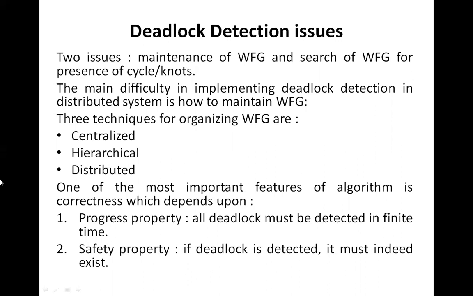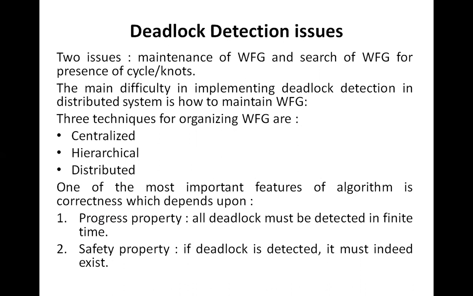But before going to explain these techniques, the correct deadlock detection algorithm must satisfy two conditions. The first condition is the progress property. The progress property says that there are no undetected deadlocks, meaning thereby if a deadlock is there, it has to be detected.